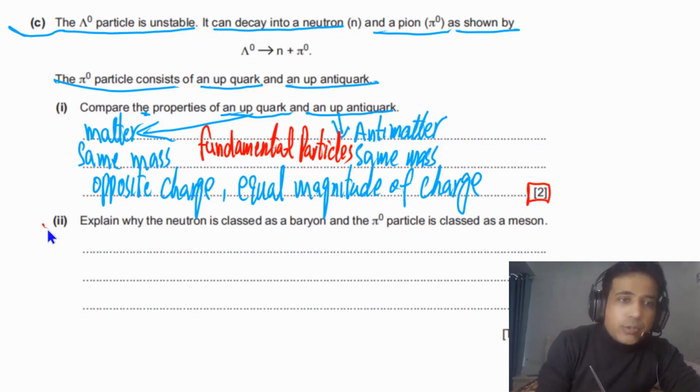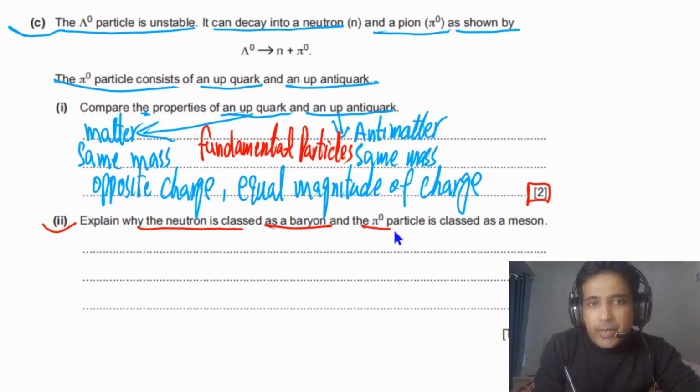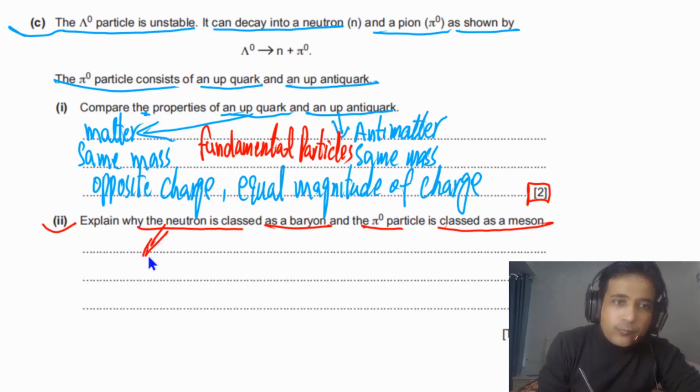Let's go to the second part. We need to explain why the neutron is classed as a baryon and the pion particle is classed as a meson. If you look at the composition, the neutron consists of one up quark and two down quarks.